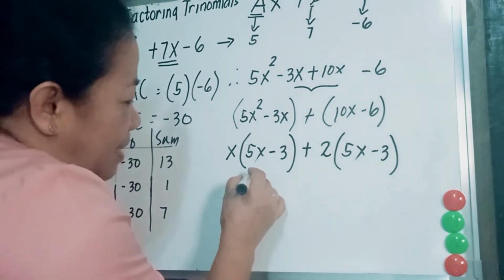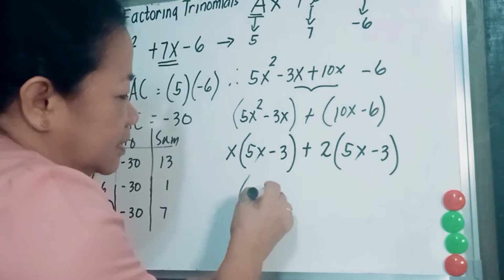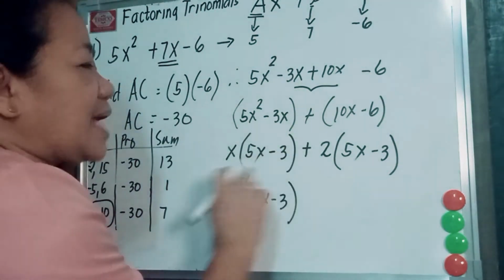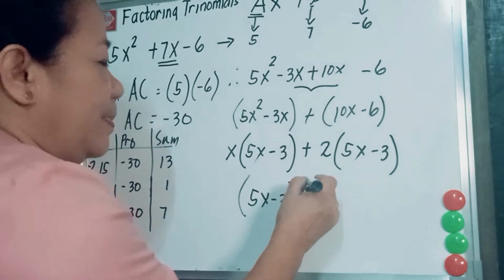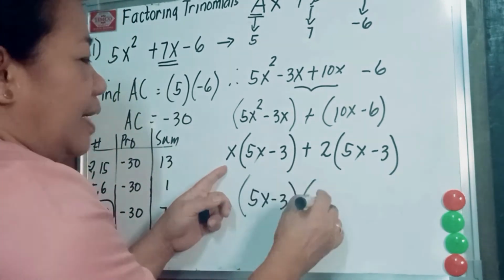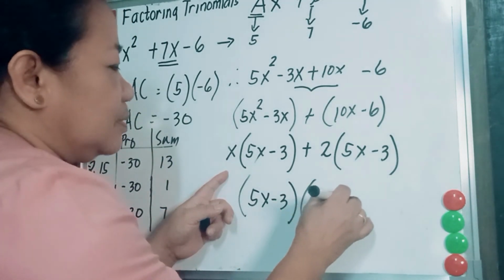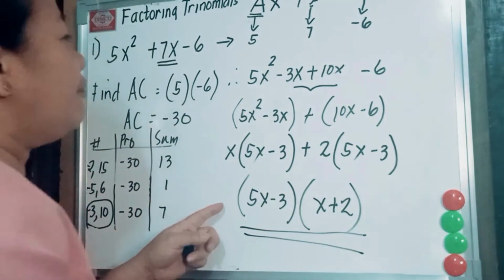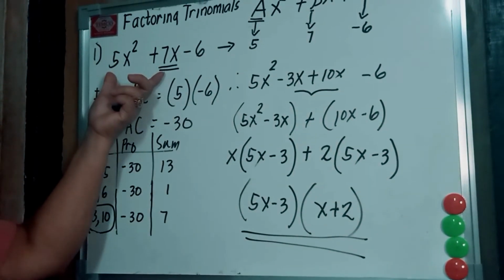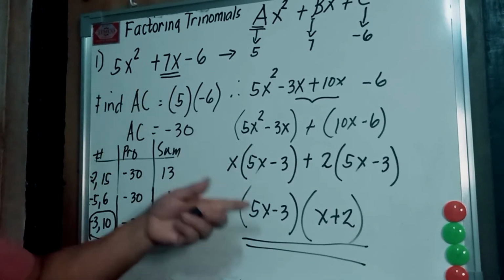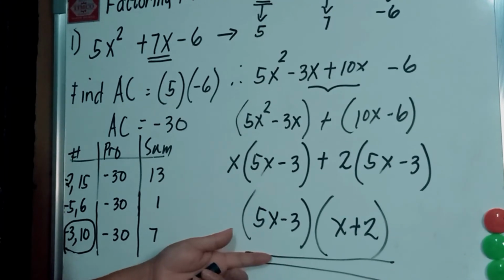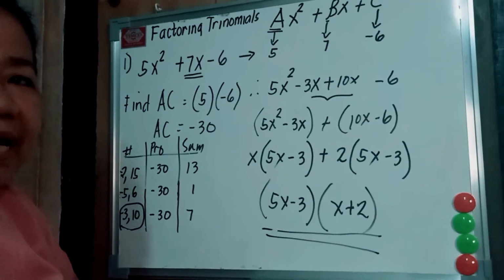So, 5x minus 3 will be the first factor, and the terms outside each group will be combined together, so you will have x plus 2. These are now the factors of this trinomial. You have the quantity 5x minus 3 and the quantity x plus 2.